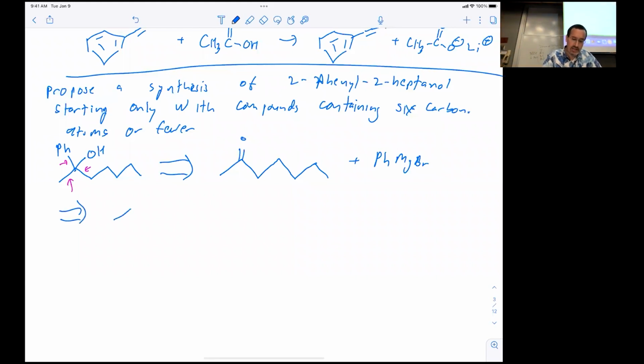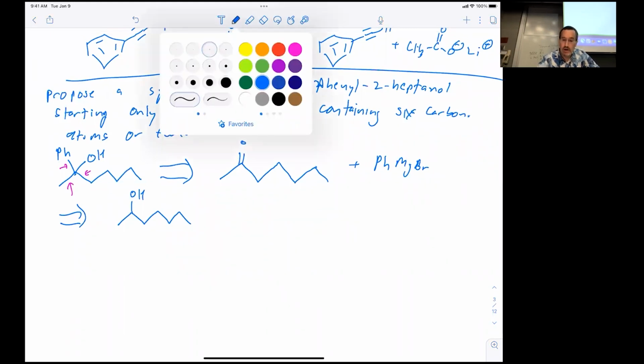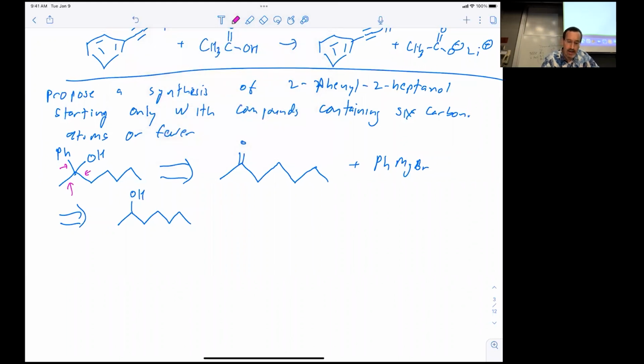And so we could think our way back and say, okay, I could go ahead and envision synthesizing that ketone from an alcohol, from 2-heptanol. And now, again, in my thought processes, I could see I could form either of these 2 bonds.